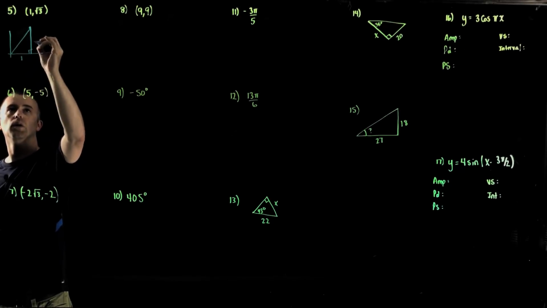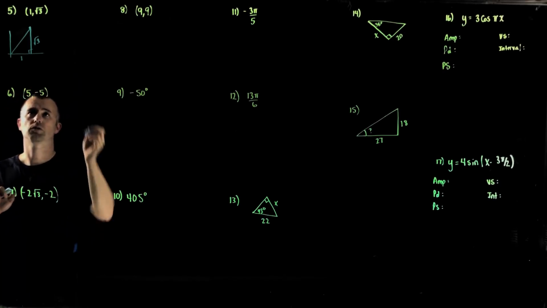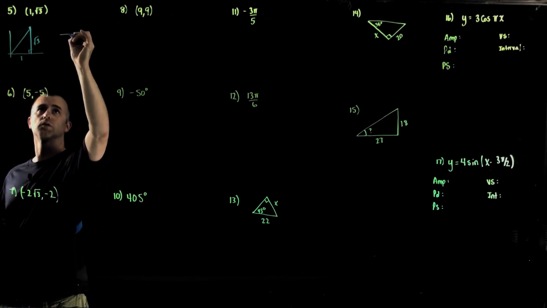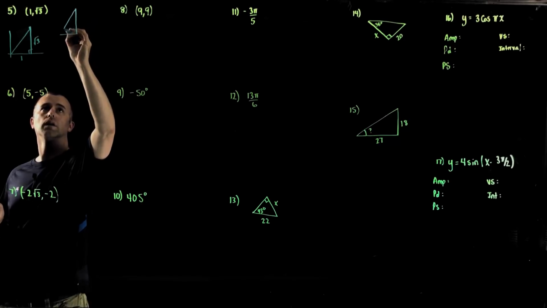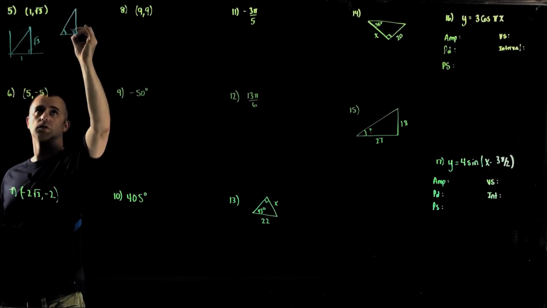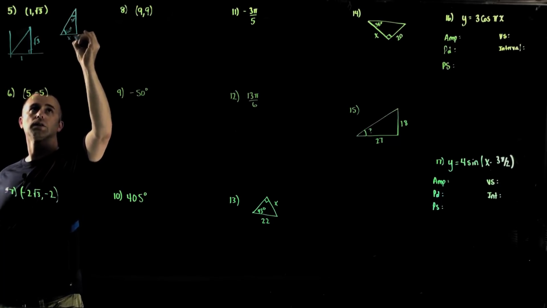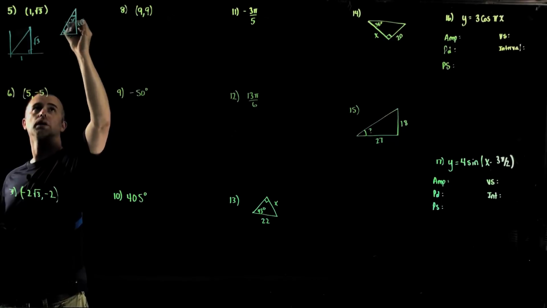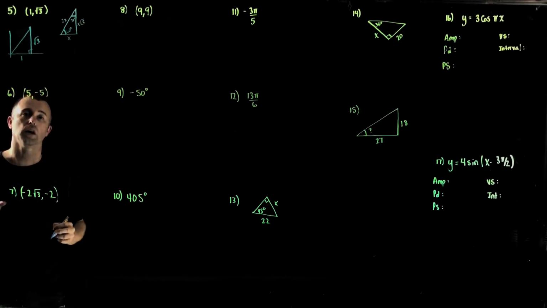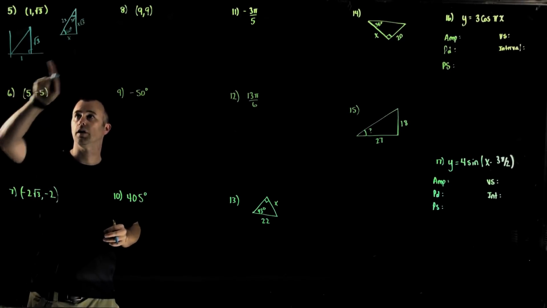So if you go right 1, up radical 3, and if you know your special right triangle, I'm going to go ahead and sketch that special right triangle real quick. And again, this is 60 degrees right here. It's a 30, 60, 90 triangle. So that's 30. This is x, x radical 3, and 2x. So if you kind of look at it, you can see that that's my x value.